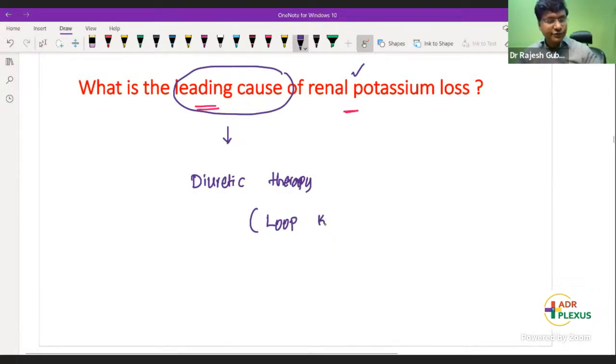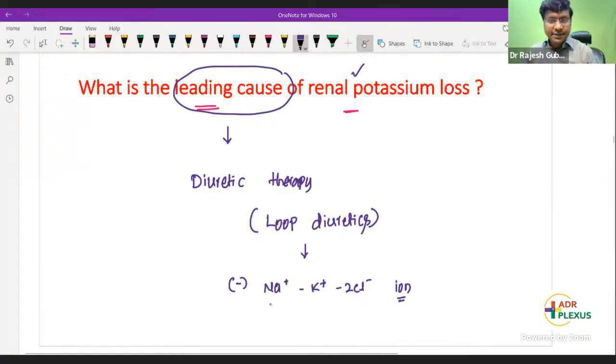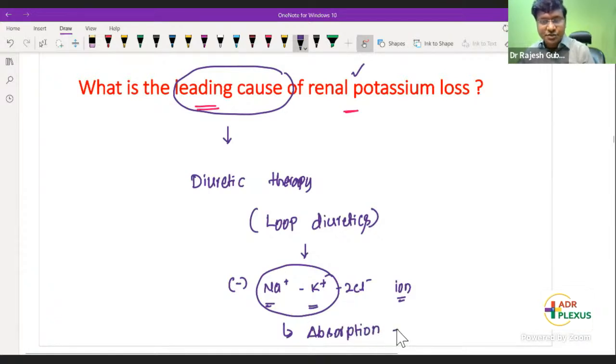What is the mechanism of action of loop diuretics? They will inhibit the sodium, potassium, 2-chloride cotransporter. So thereby sodium and potassium absorption does not occur.